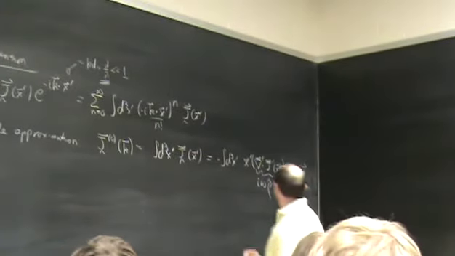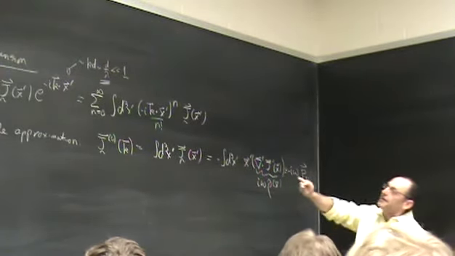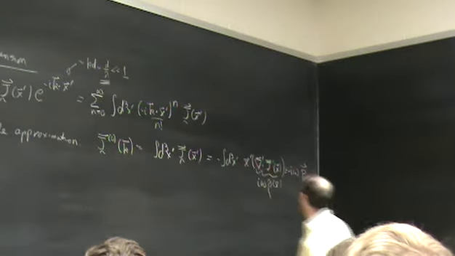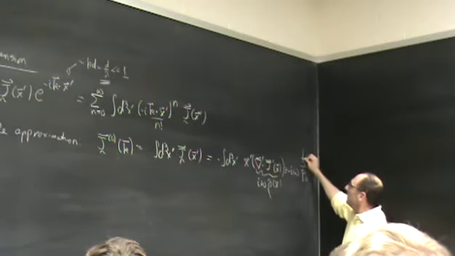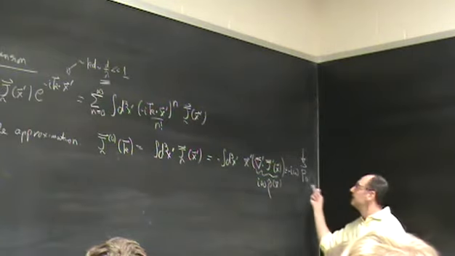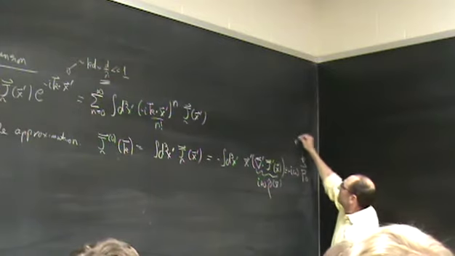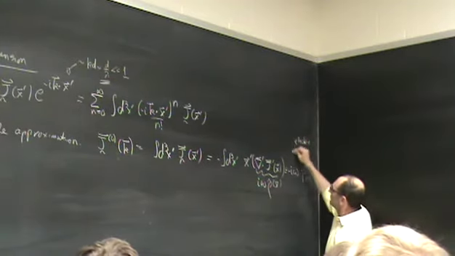There's a minus sign up. So that tells us that to lowest order, this spatial Fourier component is proportional to the first time derivative of the electric dipole moment.